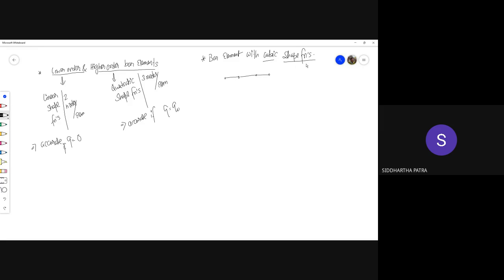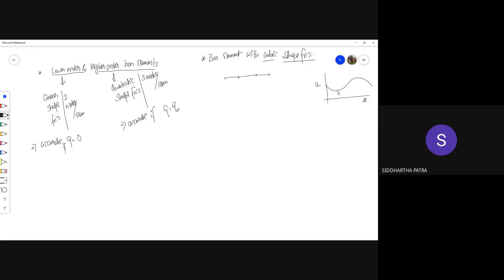The shape functions essentially map how the primary variable, in this case the deflection, changes across the element. So if this is the coordinate measured along the element, the physical coordinate, and this is the displacement degree of freedom, I'm trying to show the variation of a cubic polynomial with this one.